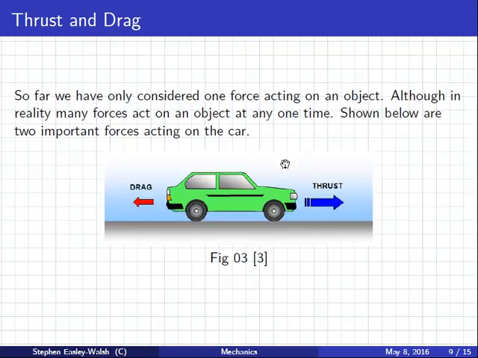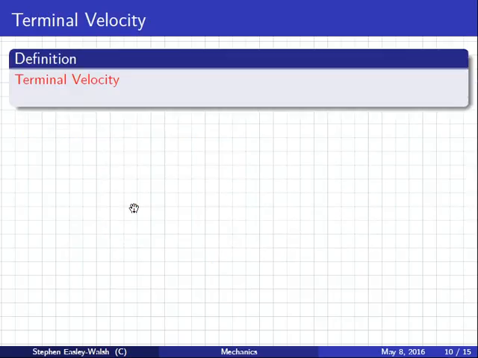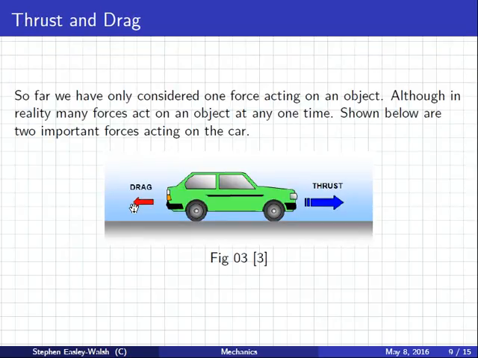So the thrust is what drives it forward, and the drag is what acts against it. You definitely need this vocabulary. If you want to draw or write it down, we have thrust and we have drag.